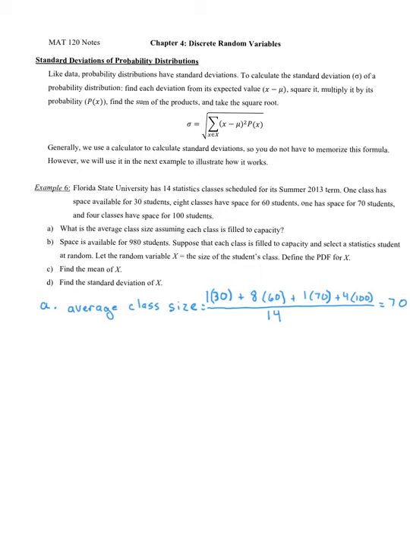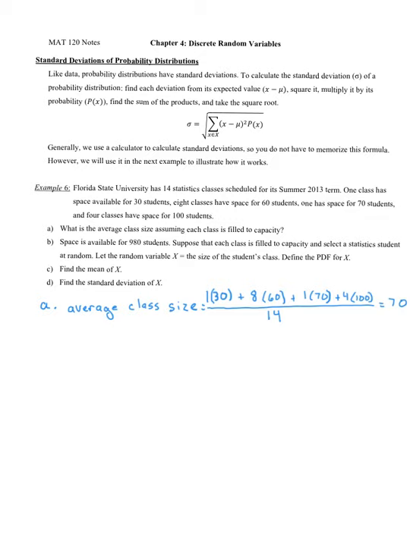In letter B, we're told space is available for 980 students. And we are going to select one student at random, and let our random variable be the size of the student's class. Define the PDF for X.